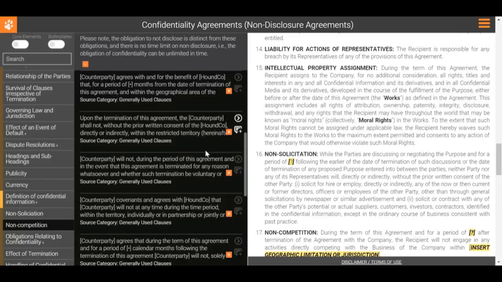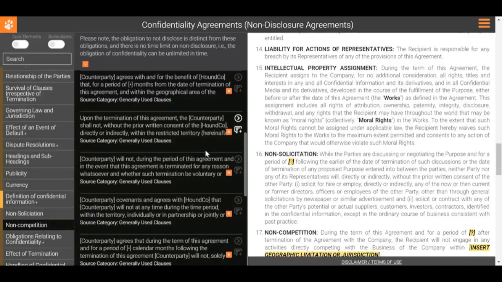I also wanted to discuss the non-circumvent very quickly. Often in a NDA, a non-circumvent may be included, which restricts the recipient to act on information given under a non-disclosure agreement outside of the scope of the agreement. For example, the company receiving sales leads is obligated not to circumvent the agreement to exploit those leads.